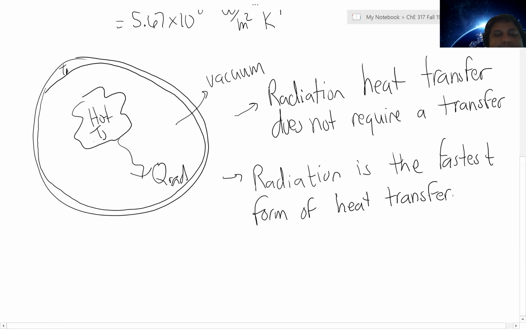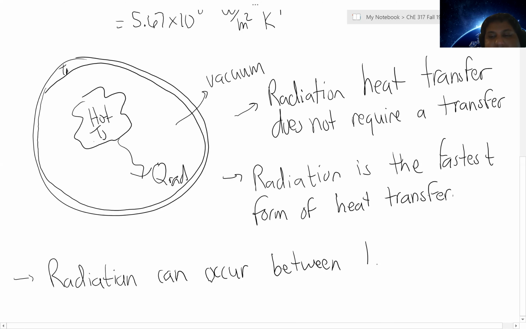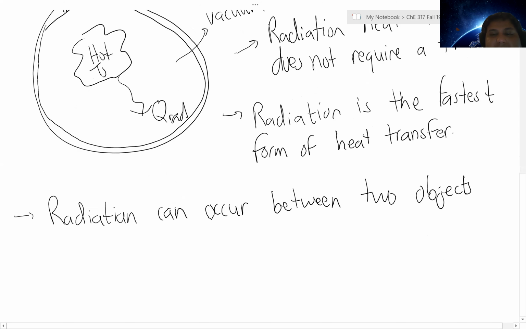And what we find is radiation can occur between two objects separated by a cold transfer medium.